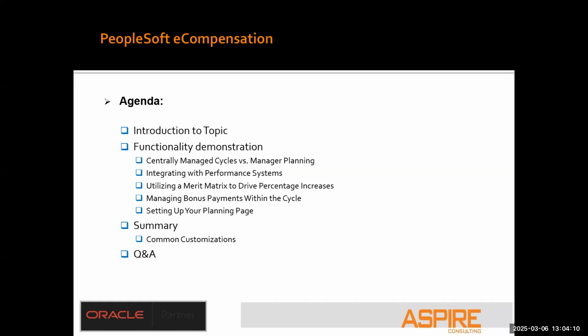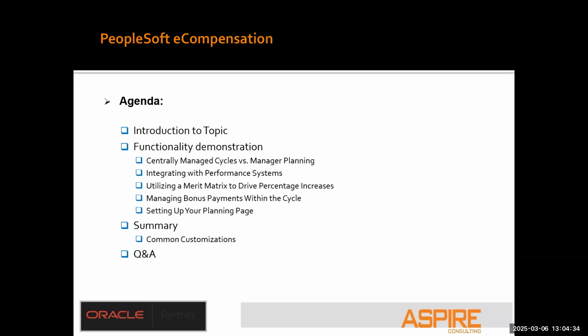We'll have a demonstration of the functionality where we'll be touching upon how comp cycles can be structured, whether you're going to want something that's centrally managed or rolling it out to managers for planning. We'll be looking at integrating with performance systems.